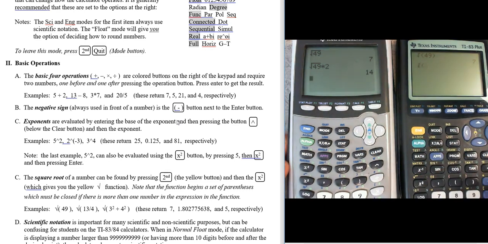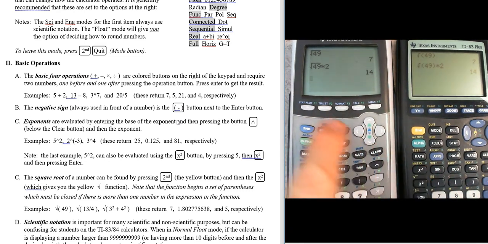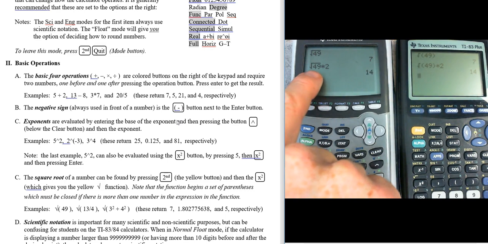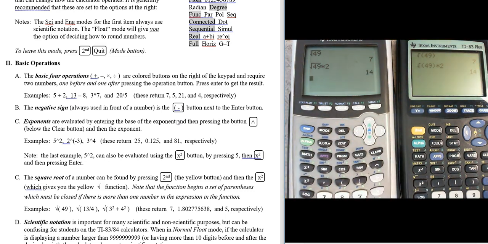You're going to have to go square root of 49 and close the parentheses and then times 2. All right. So you can see the TI-83 uses parentheses to tell when you're done with what's inside the square root, while the TI-84 just has your cursor inside the square root, and then you've got to get it out of the square root when you want to type things that are outside the square root.